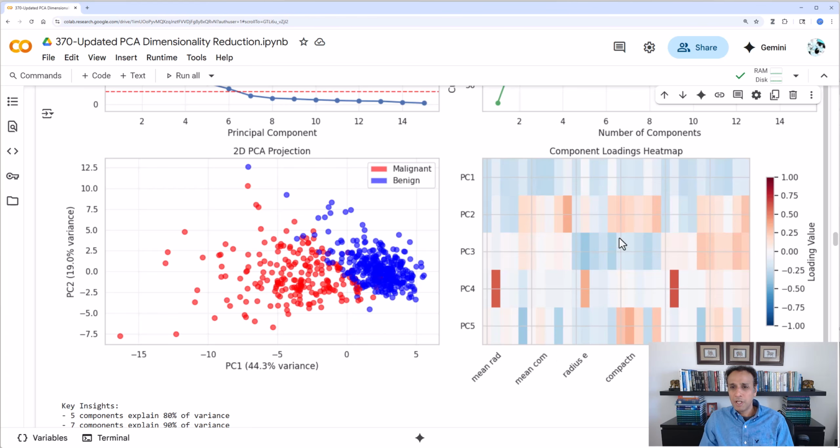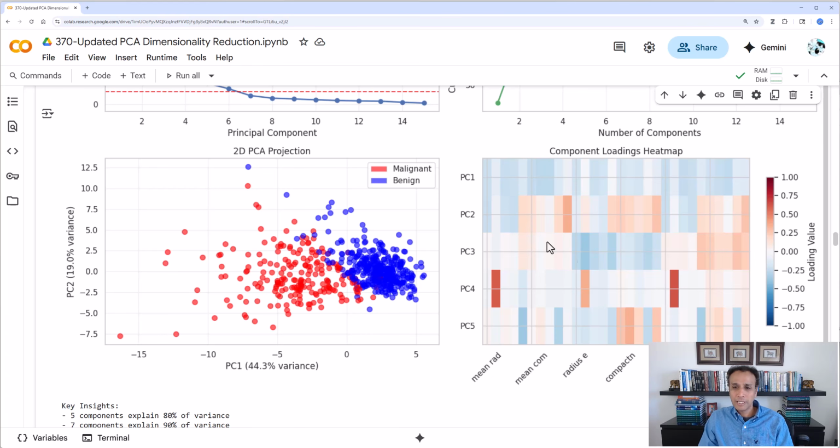And here, this plot shows you the component loadings. Loadings is nothing but the contribution of each feature, and I'm only taking a handful of these features. So if you look at mean radius for principal component number 1, blue means negative loading. So as the mean radius value goes up, the principal component 1 value goes down for that specific feature.